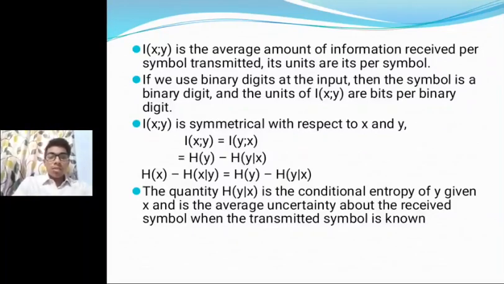So I(X;Y) is equal to I(Y;X). Then H(Y) minus H(Y/X) is similarly equal to H(X) minus H(X/Y). The quantity H(Y/X) is the conditional entropy of Y given X, and is the average uncertainty about the received symbol when the transmitted symbol is known.